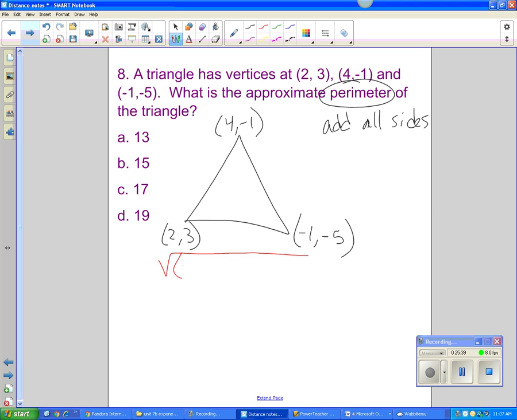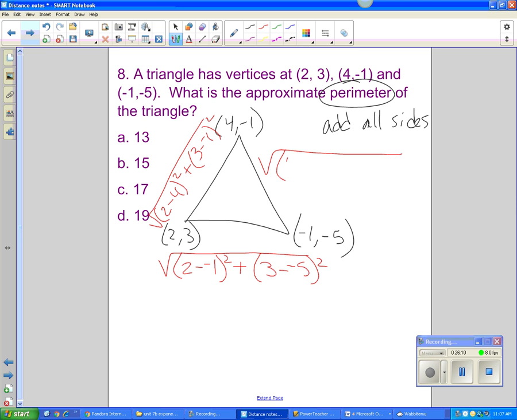Take parentheses 2 minus, squared, plus 3 minus. Thank you, Neve. Sarah, what would I type in my calculator for this left side? And Andrew, this one.